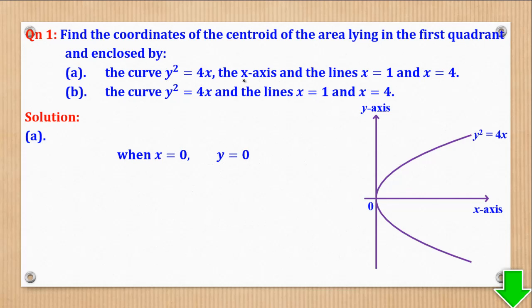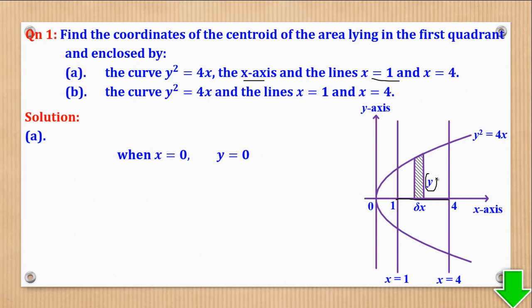Then they said x-axis and these two lines, the lines x equal to 1 and x equal to 4. So the area we're interested in is that. It goes up to here. In this case, this strip, height of the strip is y, and thickness is small change in x.